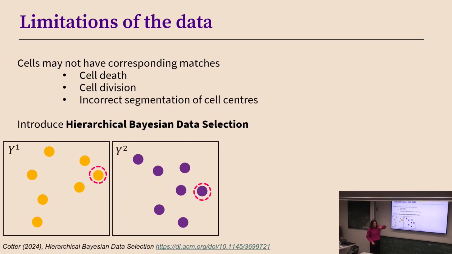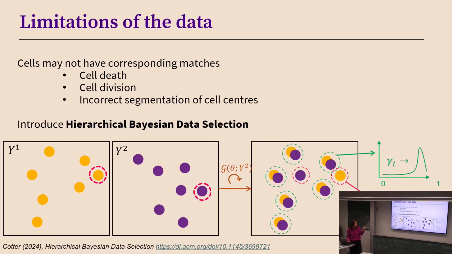We've got these points, and we're just going to think about them in 2D for now. Hopefully you can see that Y2 is just a rotation of Y1. But we've got these 2 points here highlighted in pink, which I've just randomly moved. They no longer truly match with each other, and this is something we could observe within the embryo data set.